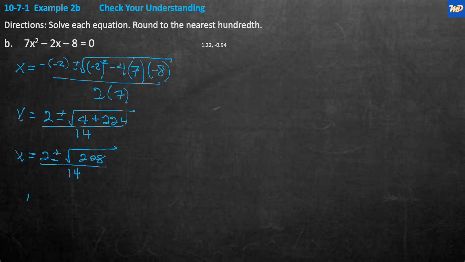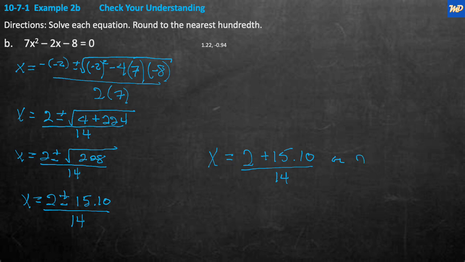So now what we need to do is take the square root of 228. I'm going to do it right here: x equals 2 plus or minus the square root of 228, and whatever that comes out to. I did that also when I was offline here, 15.10 rounded, and that's over 14. So now we can say that x is equal to 2 plus 15.10 over 14, or it's 2 minus 15.10 over 14.